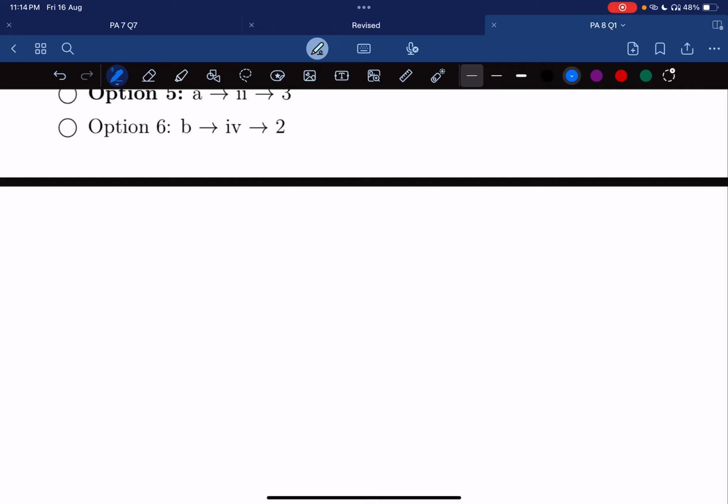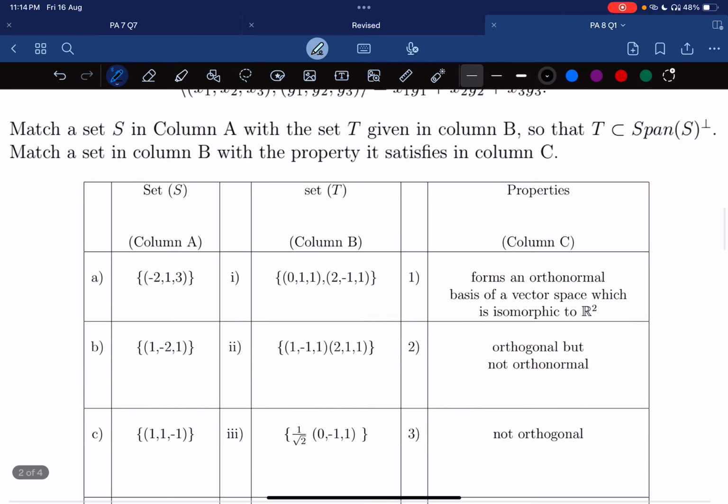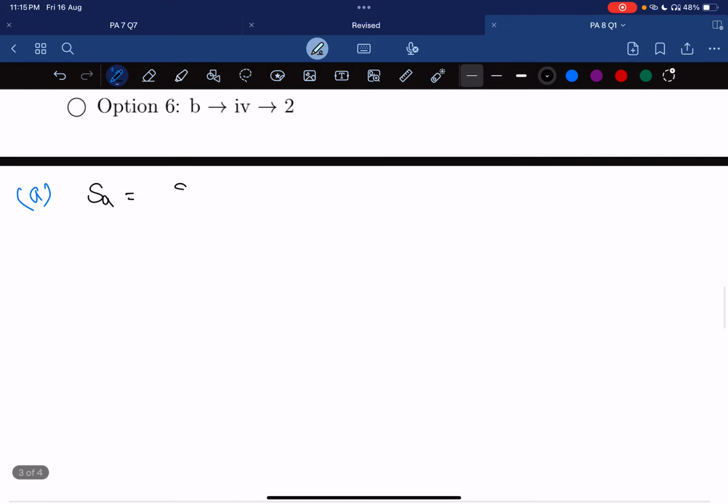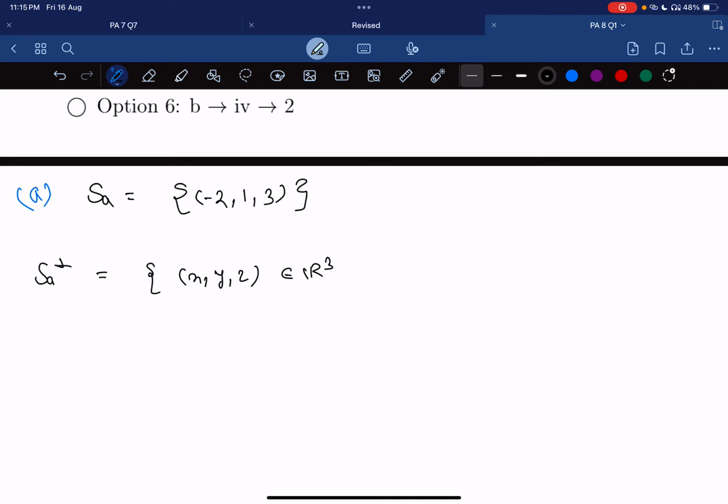So from column A, if we look at the first set, consider it as set SA, which is minus 2, 1, 3. If you find the orthogonal complement, it would be all x, y, z in R3 such that the inner product with minus 2, 1, 3 would be 0.